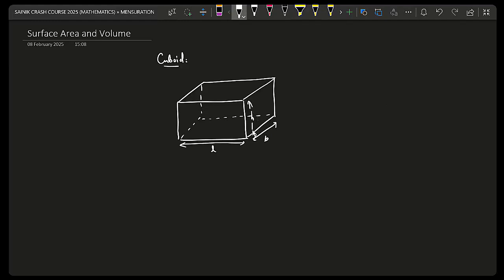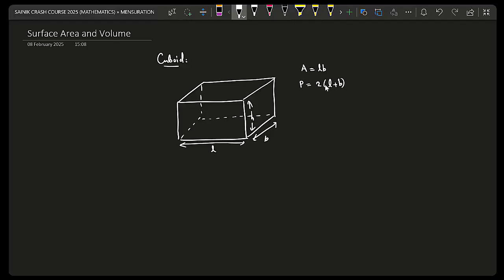So there are 3 dimensions. What are the formulas you need to remember to answer questions related to cuboid? Every face of the cuboid is in rectangle shape. If you call the base area A, it is in the shape of a rectangle, so base area is length into breadth. Perimeter of the base is 2 into (L plus B) because it is a rectangle.